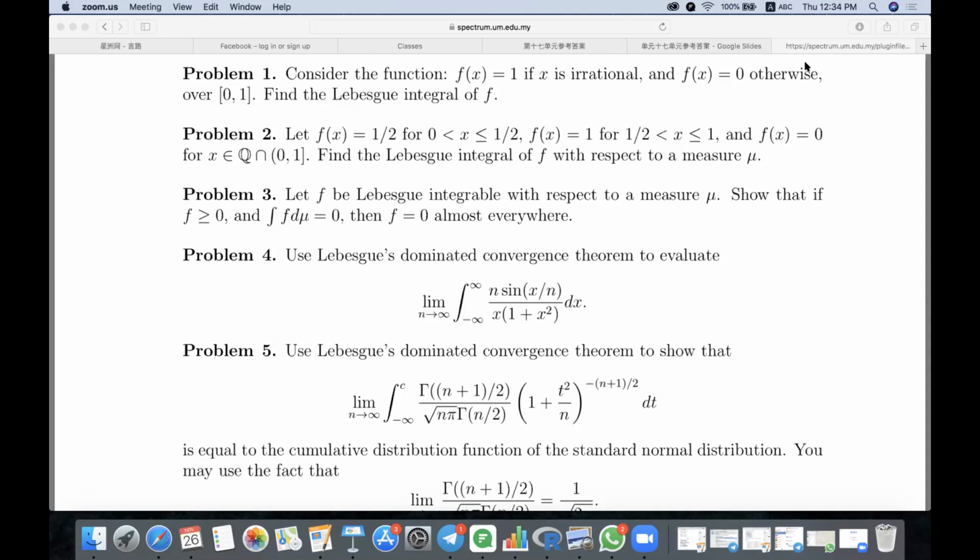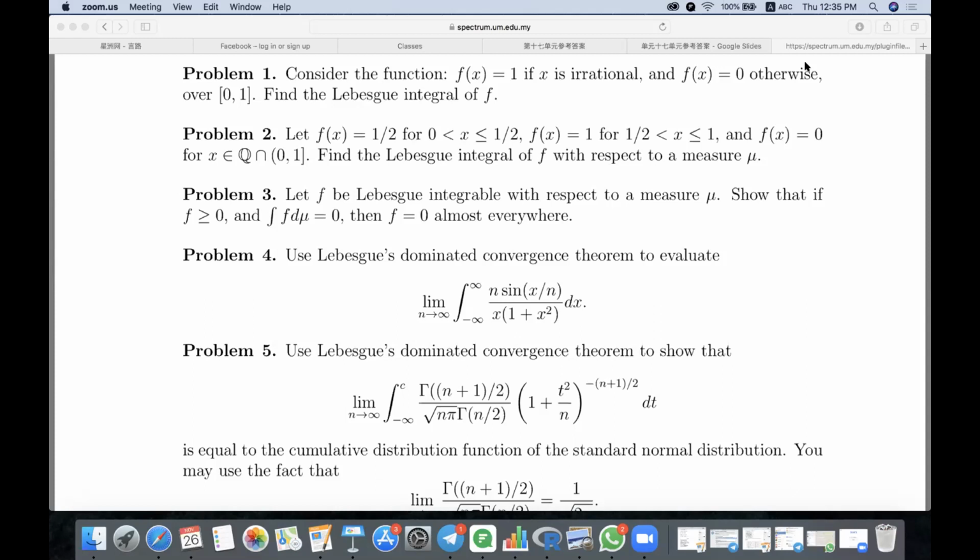In fact, now you start to see the connection to some of the mathematical statistics things that you learned. The integrand there is actually the probability density function of the T distribution with n degrees of freedom. So this question is interesting.